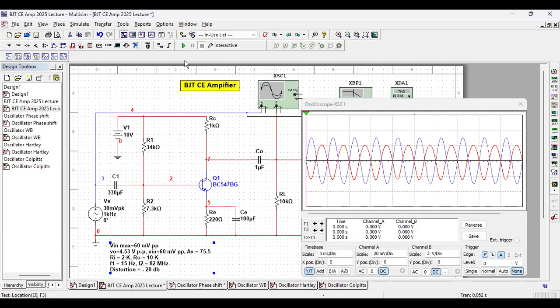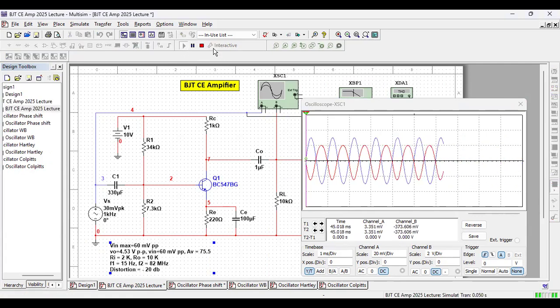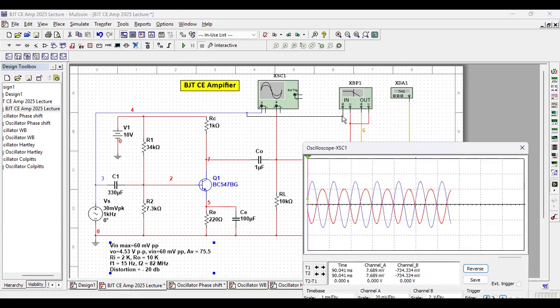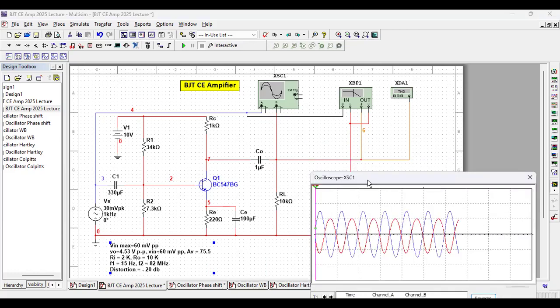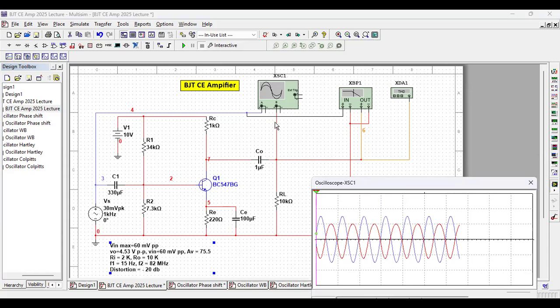Now, if we run this simulation, you see the blue line is the input, right?